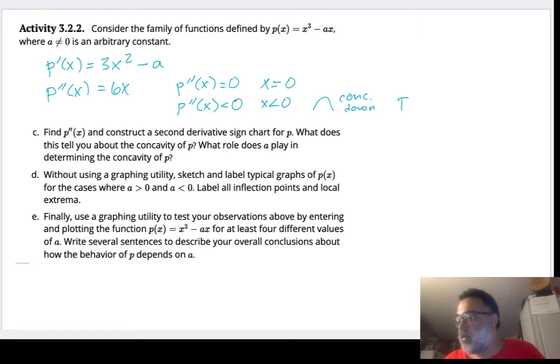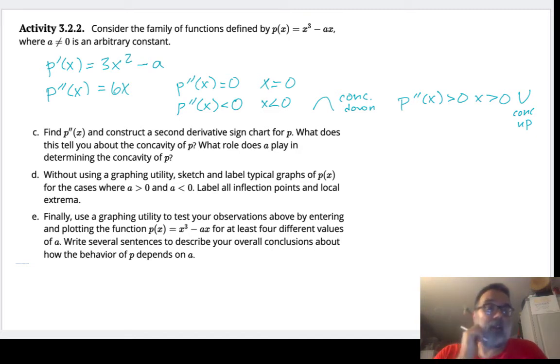And it's going to be positive if x is positive, which means concave up. Okay. So that's kind of my second derivative sign chart.